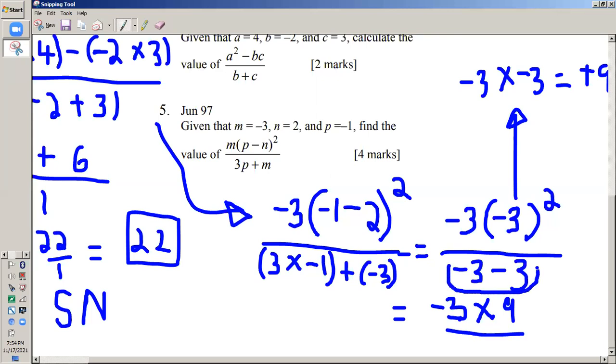Class, what is this? -6. And then you're going to cancel. When I divide a negative by a negative, what do you get? A positive. 3 goes into 3 once, and 3 goes into 6 twice. So the answer is 9/2, or 4.5.